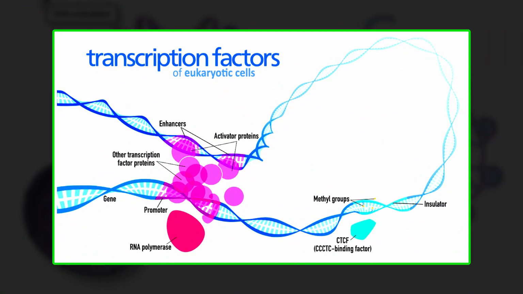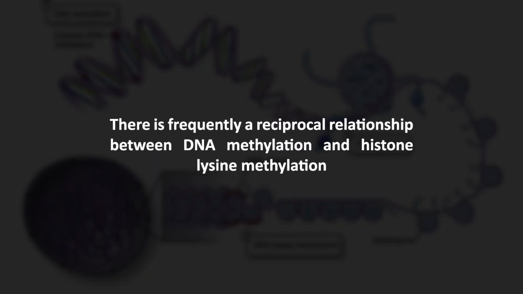Transcription of a gene usually depends on a transcription factor binding to a 10 base or less recognition sequence at the enhancer that interacts with the promoter region of that gene. There is frequently a reciprocal relationship between DNA methylation and histone lysine methylation.